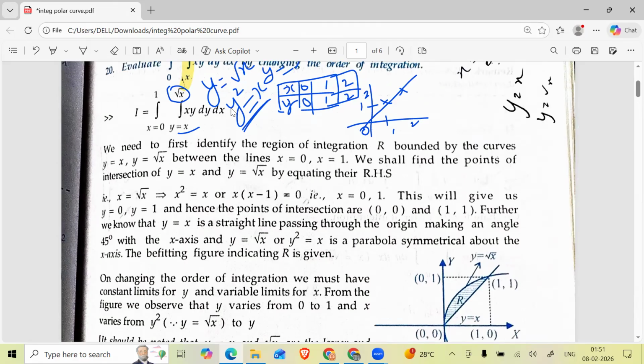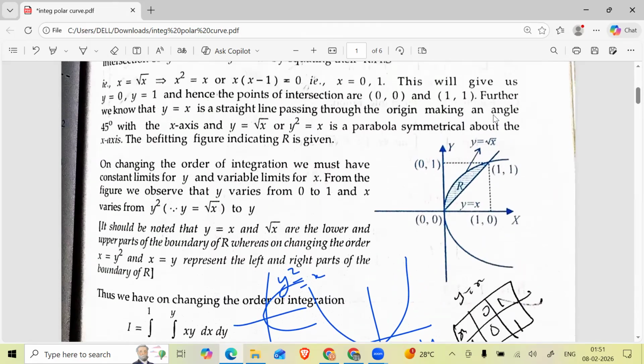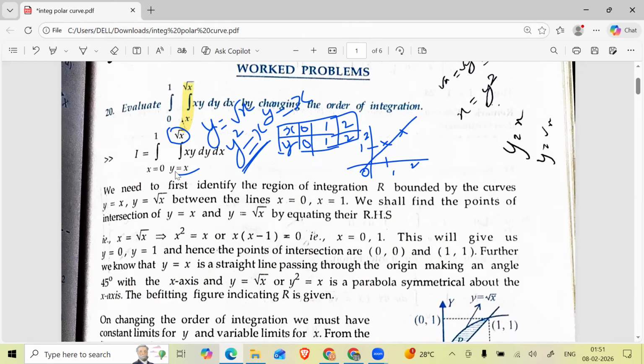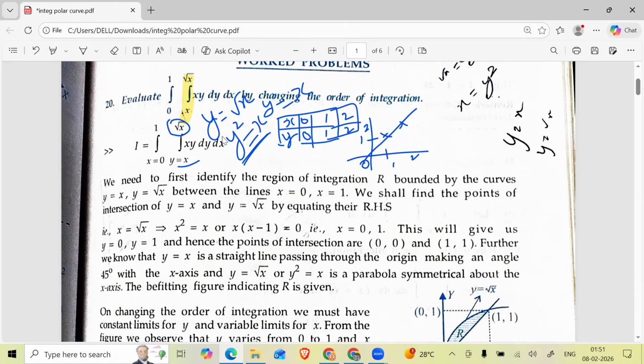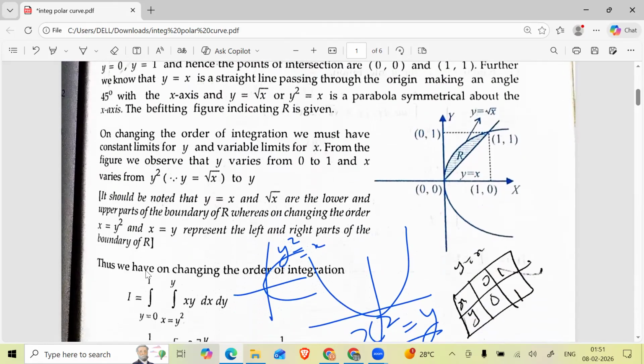I told you y square is equal to x. So what is the x value? y square. y square to y. Just reverse this thing. Whatever is there, just reverse it. And the x value, instead of x, I'll put y, from 0 to 1.